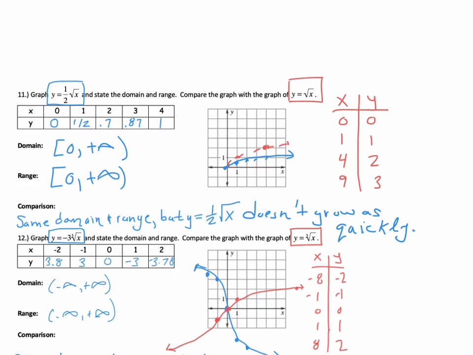What I notice is that the domain and the range of my graph of y equals 1/2 the square root of x still starts at 0 and heads towards positive infinity. And that's this blue graph right here. So I start at 0 and I head towards positive infinity.